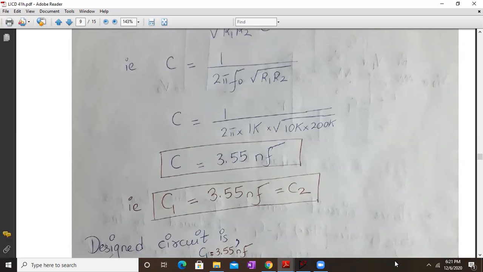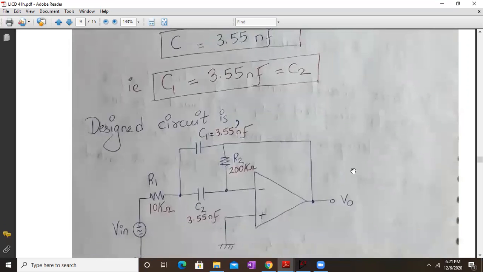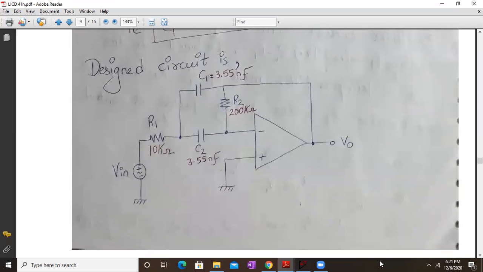So C1 will be equal to C2, equal to 3.55 nanofarad. Okay. Hence your design circuit will be as follows. You will have R1 and R2 as 10K and 200K respectively, and C2 and C1 as 3.55 nanofarad. Okay, so these are the values of resistors and capacitors which we are getting.